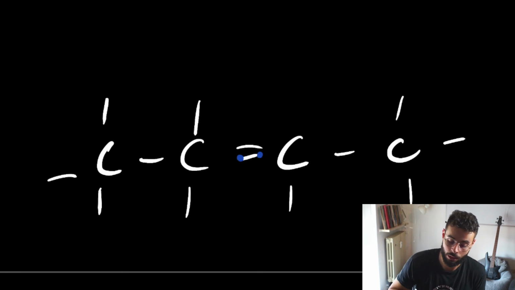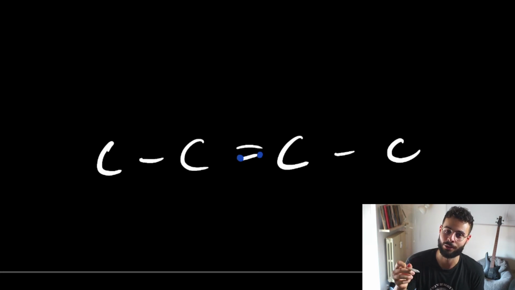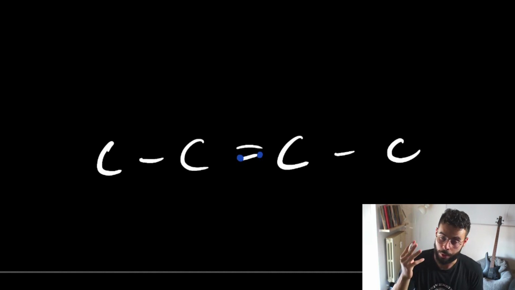What does it mean? If we count the amount of hydrogen we can assign this time, you will see that we are not able to assign 3 hydrogen atoms to each carbon atom, because you already have 2 carbon atoms with a double bond. So 2 pairs of electrons is already being taken.